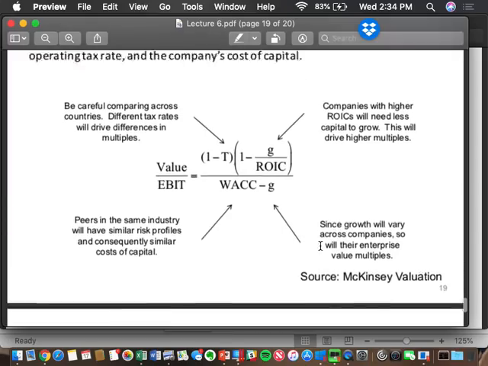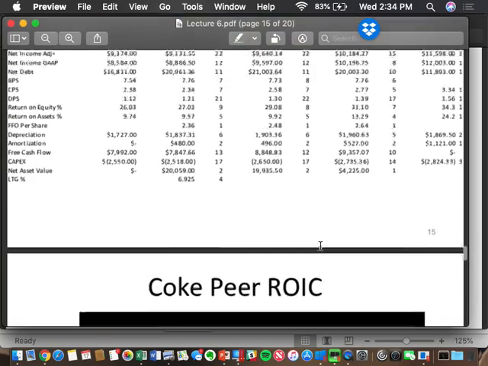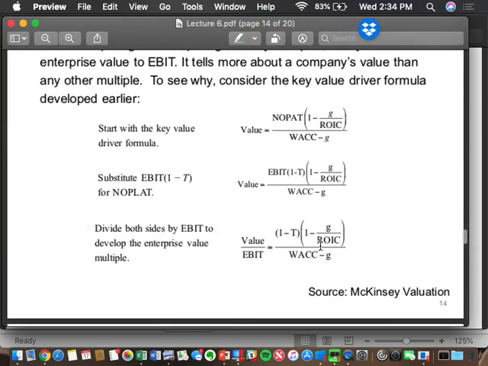So part of it is this. If I go back to this page in the book, which I've highlighted here, this is how you take the key value driver formula and rearrange it to get an EV to EBIT multiple. So this is the formula for EV to EBIT. What you do is take NOPLAT times (1 minus G over ROIC) divided by (WACC minus G), and NOPLAT is basically EBIT times (1 minus the tax rate).